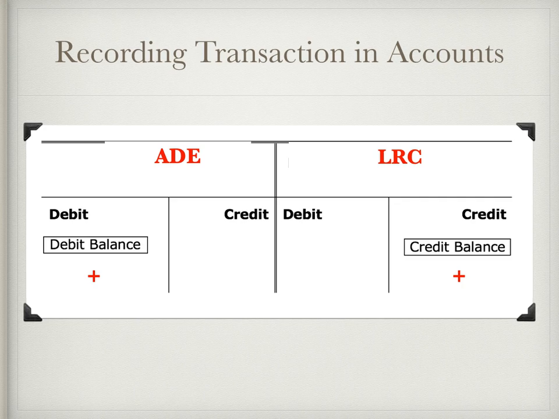They have their balances recorded on the credit, and any increases that need to be recorded in those accounts are also recorded on the credit side, which means that decreases would be on the opposite side, on the debit side. So what's most important is to know, for both of these types of accounts, what side the opening balance goes on, because that's the side that increases will happen on, and the decreases always just happen on the opposite side.